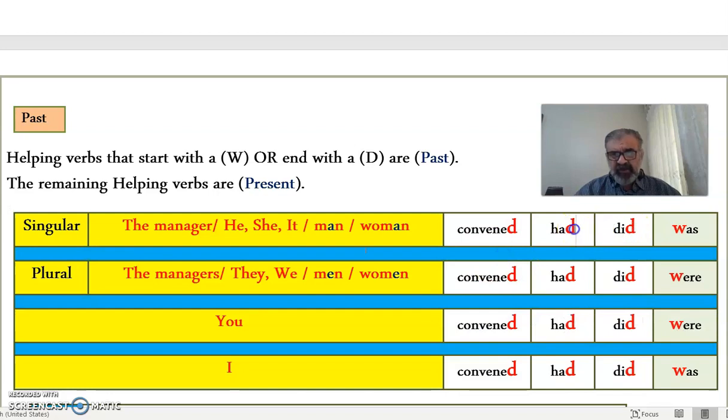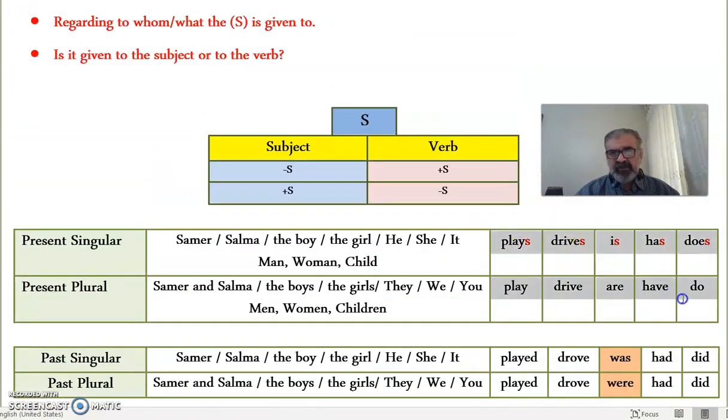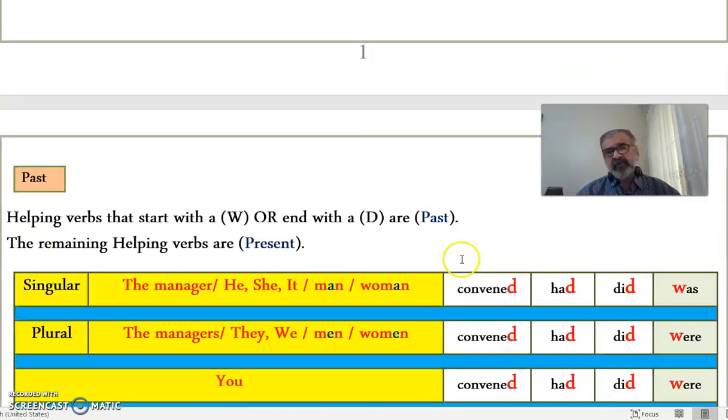So these all end with a D, as you can see. So they are all past. And these ones all start with a W. So they should be what? Also past. So what about the other verbs? The other verbs, because they don't start with W and they don't end with a D, are considered what? Present, right.